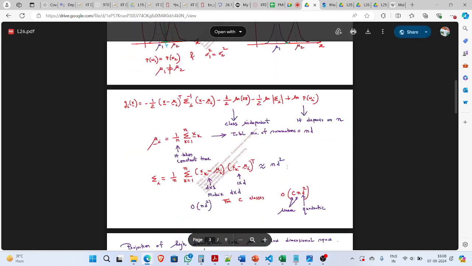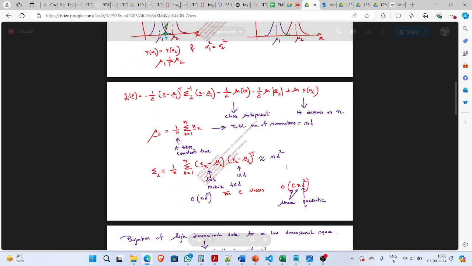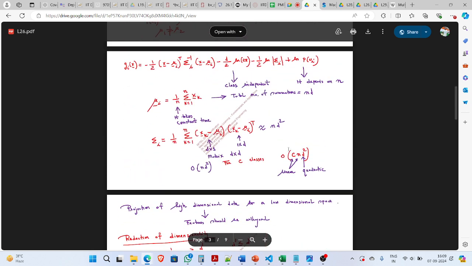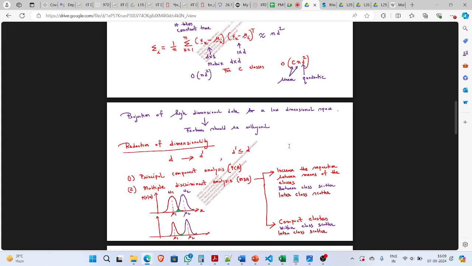So as you can see, it becomes computationally expensive when the dimension increases. So we have got a few algorithms to reduce the dimension, to improve separability as well as computational efficiency. So that is what we are focusing on.